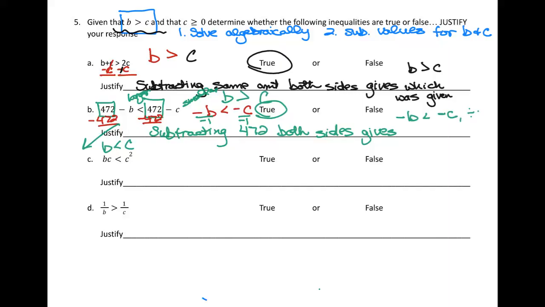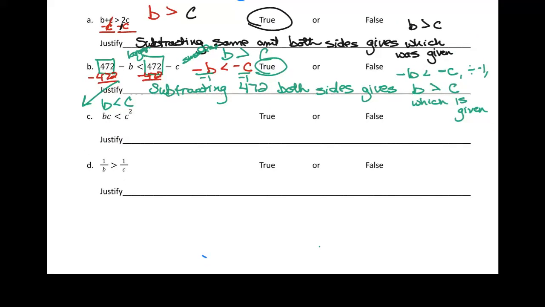Divide by negative 1, and you get b is greater than c, which is given. But that is kind of odd. You do it one way, and you get b is greater than c, and if you do it the other way, it stays as b is less than c. Does that make sense? It's kind of tricky when you say it that way.